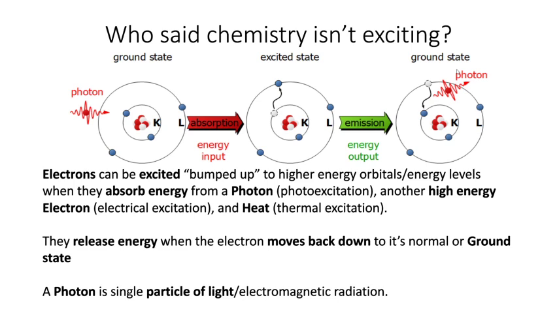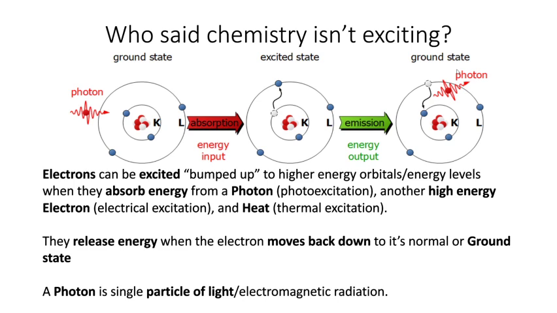So this is something I will show you a demo of when we're back in school: electrons moving energy levels. Electrons can be excited, or bumped up into higher energy orbitals or energy levels, when they absorb energy from a photon.